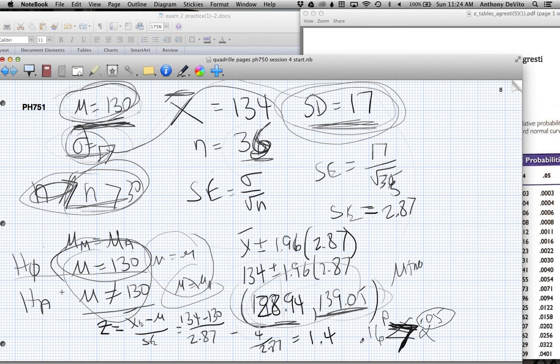It is possible that there's only an average of 130 calories in the population of all the bags that he manufactured, even though the 35 we sampled came out with an average of 134. Does that mean that he isn't cheating a little bit on the nutritional label? Well, he could be cheating, but our sample wasn't able to demonstrate it with 95% certainty. In fact, we demonstrated it with 84% certainty, but that's not enough for us.